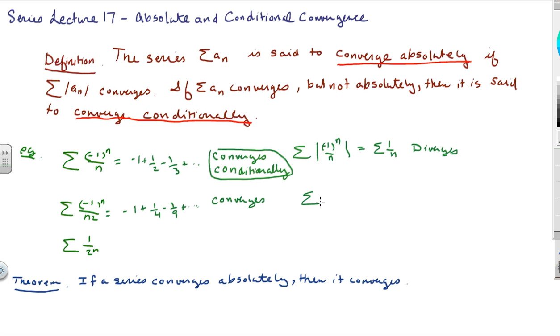And if I look at the absolute values of these, (-1)^n over n squared, the sum of the absolute values is going to be this p series, right, where p is equal to 2. So this converges. And so this converges, but also the series whose terms are the absolute values of these terms also converges. So this converges absolutely.